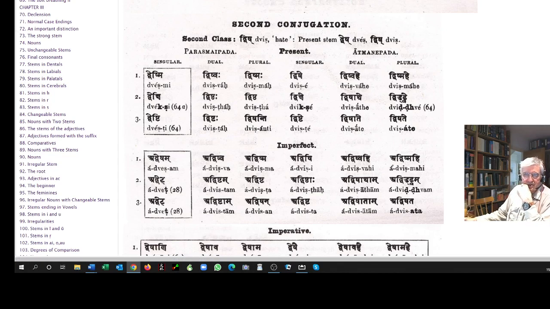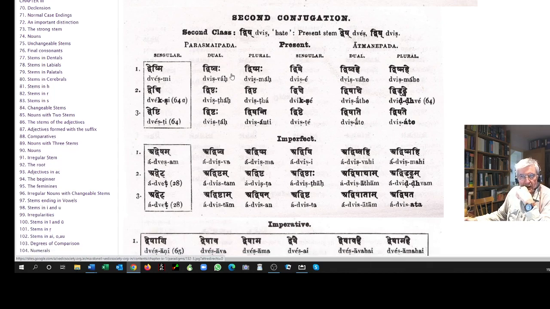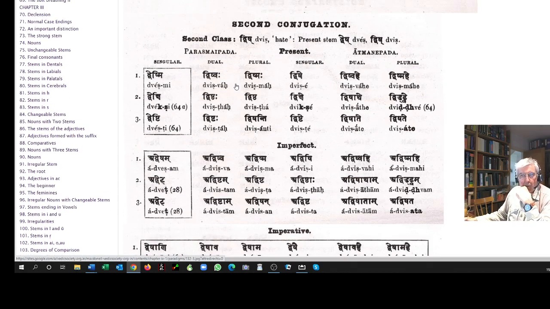A characteristic of this class, ignore that it says second conjugation there, we're looking at a second class now. A characteristic of this class, the dvish class, it's called the adadi gana, because Panini uses the ad root.